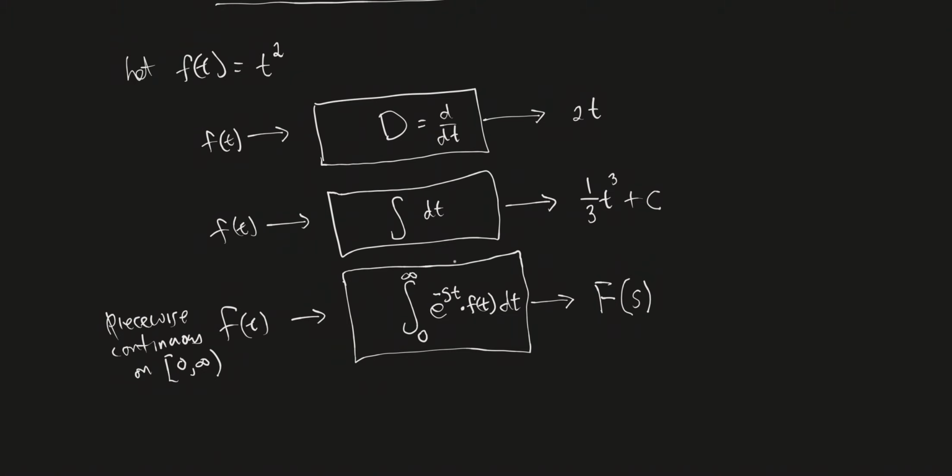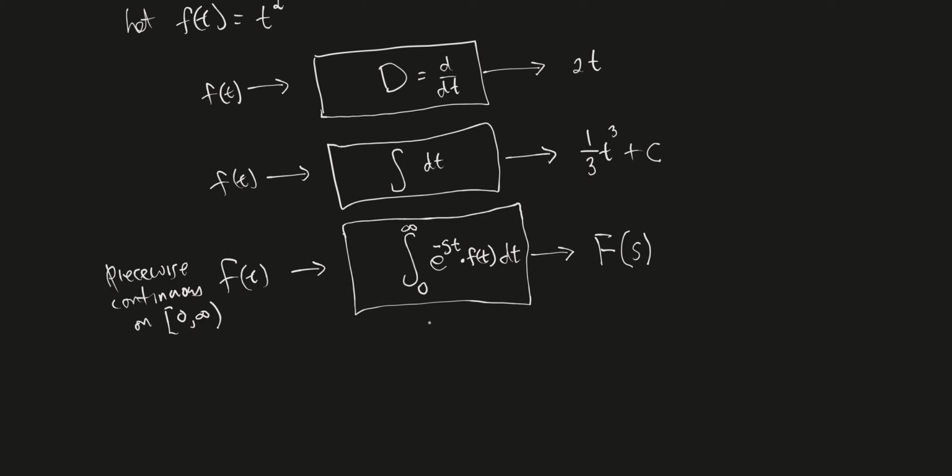Okay, so this third example here is what we refer to as the Laplace transform. So this is what we call the Laplace transform of little f of t.